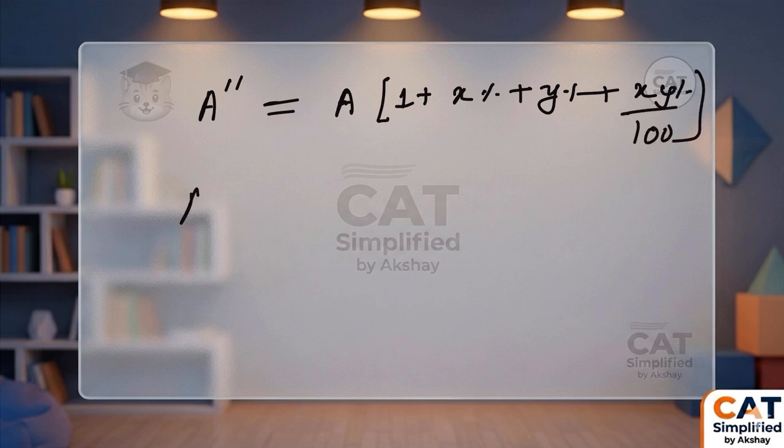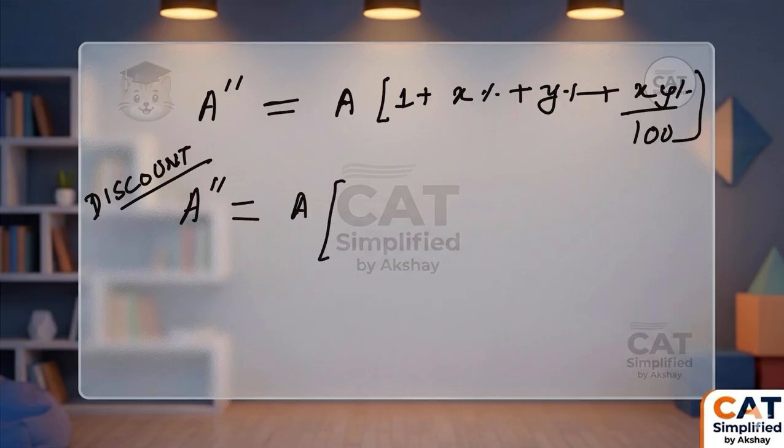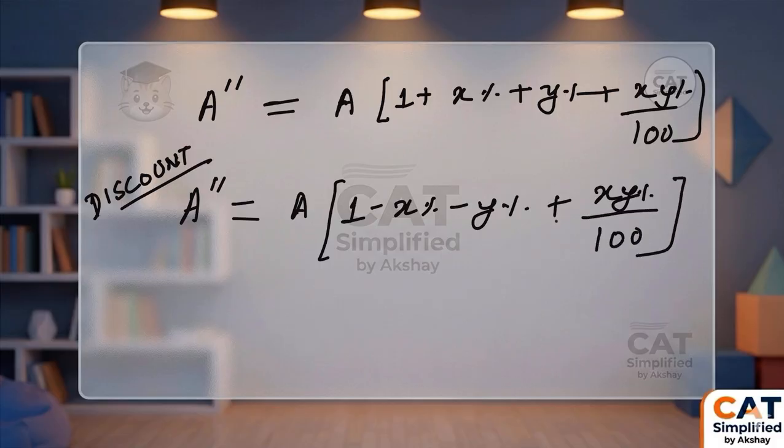And when we are talking about giving discounts, the formula will change: 1 minus X percent minus Y percent plus XY percent divided by 100. This plus is because X and Y both were negative, so minus into minus becomes plus.